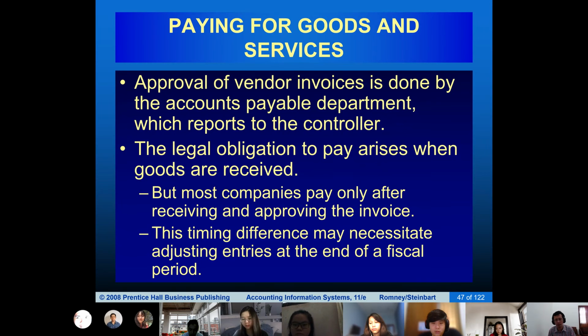But again, most companies will pay after they accept or receive the invoice. The invoice could be delivered separately after the receiving report is delivered to the supplier, or the invoice could be delivered directly with the product.